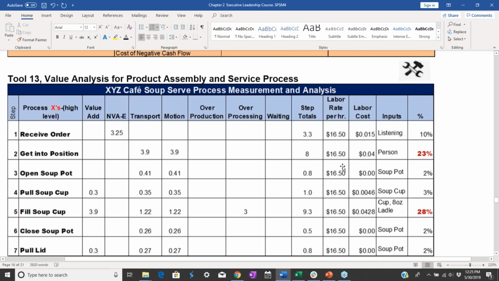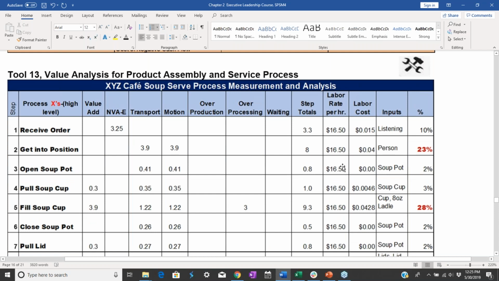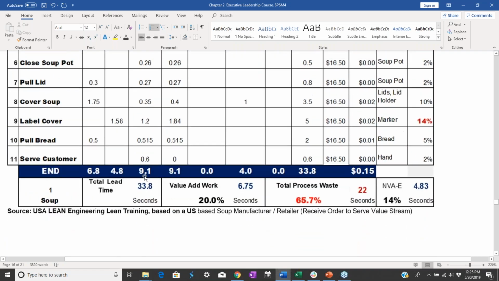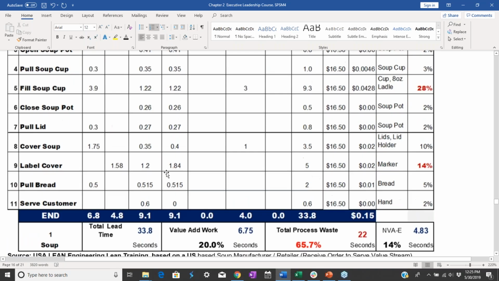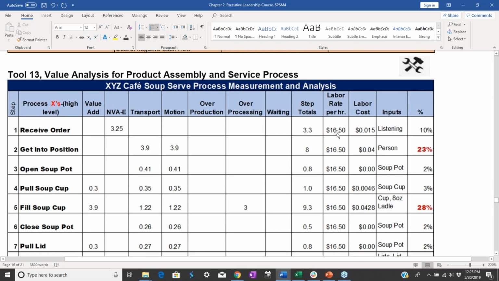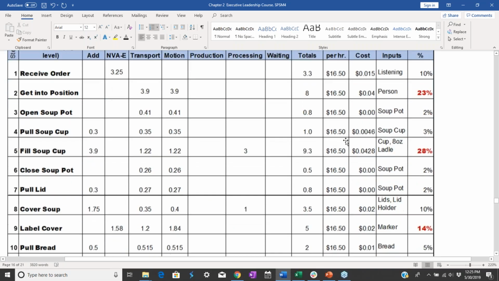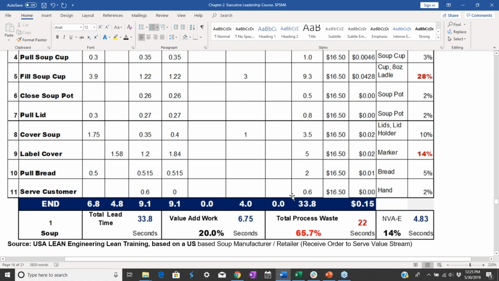This here was something that I showed prior as the process, and this was an actual process. You see transportation and motion in the process, and you were able to capture how much time, as I mentioned before, the labor rate, and you could assign cost to all of the waste parameters, right?